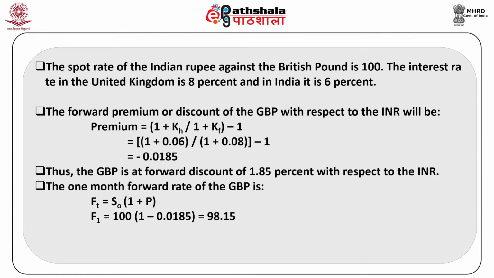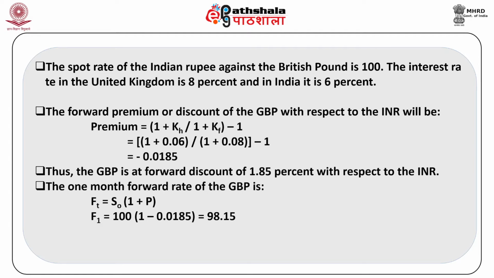Now look at the second example. The spot rate of Indian rupee against the British pound is 100. The interest rate in the United Kingdom is 8% and in India it is 6%. What is the forward rate premium or discount of the Indian rupee with respect to the British pound if interest rate parity exists? And what is the forward rate of the British pound in terms of Indian rupee after 1 year?